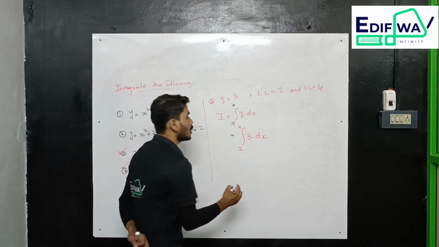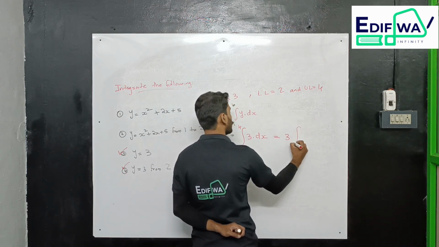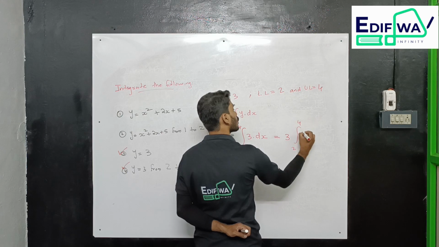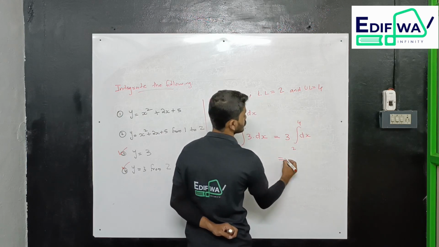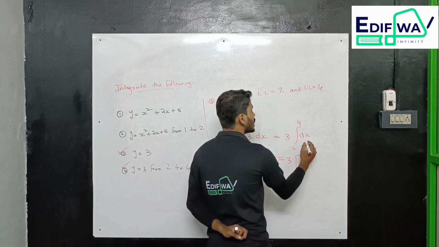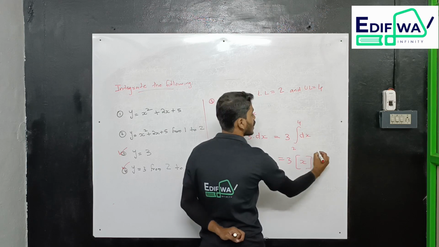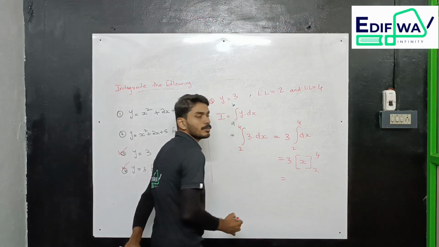Now what can you do? You can take 3 outside, so it becomes integral 2 to 4 dx. Now it is 3 into integral dx, answer is x. Put the lower limit and the upper limit. Do you remember the rule?